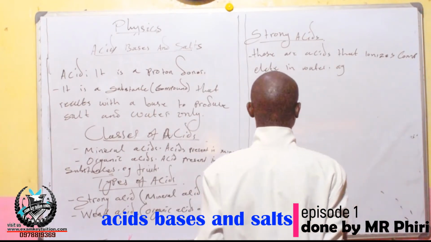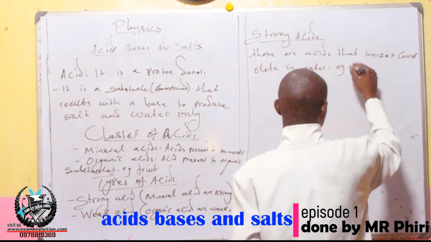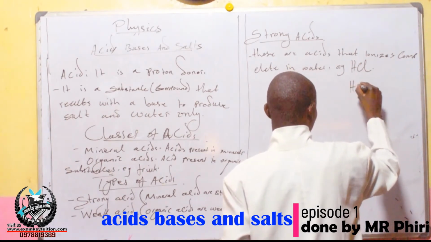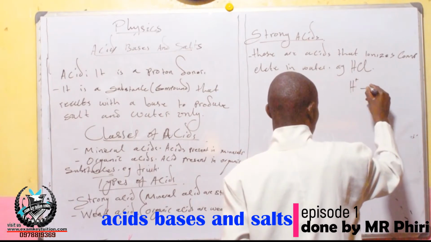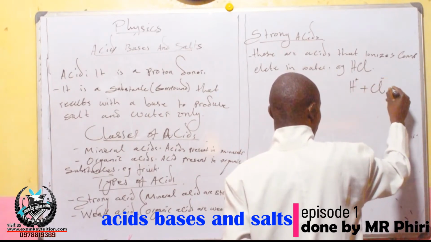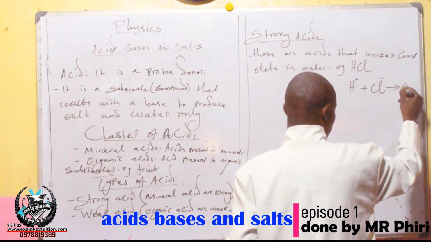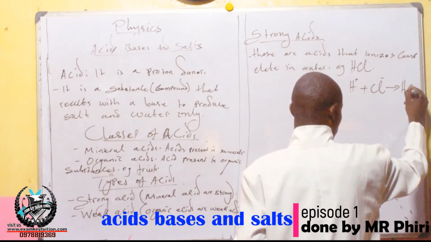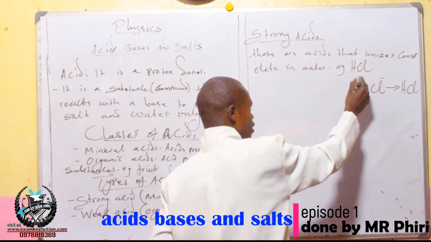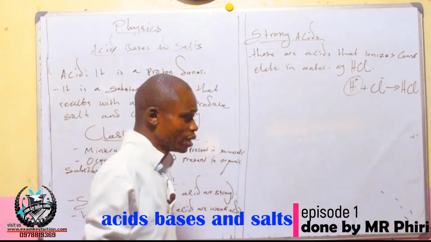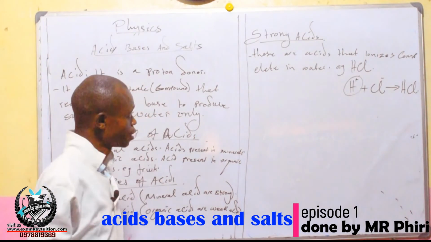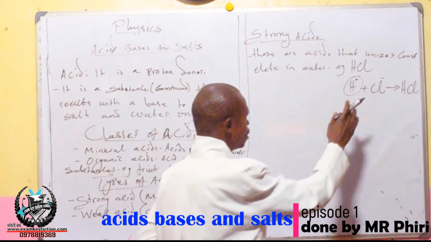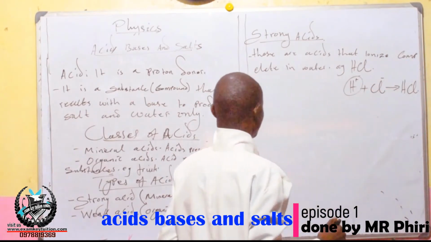For example, hydrochloric acid will ionize completely in water: H positive plus Cl negative. So you have seen that it is ionizing completely. We are saying these are acids that ionize completely in water.